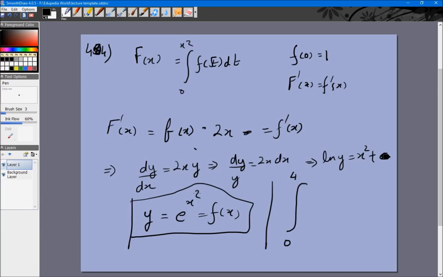So f of x is e to the power x square, f of root t will be e to the power t dt. So the integral is just e to the power t with limits 4 and 0. So e to the power 4 minus 1 is the answer, which means that the solution is option B.